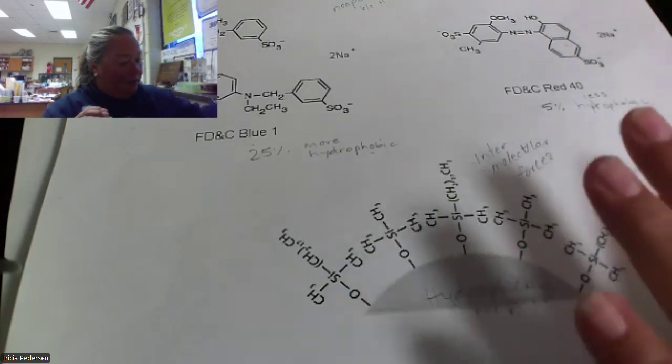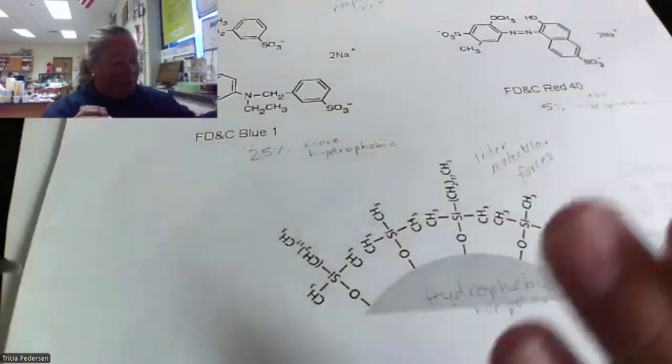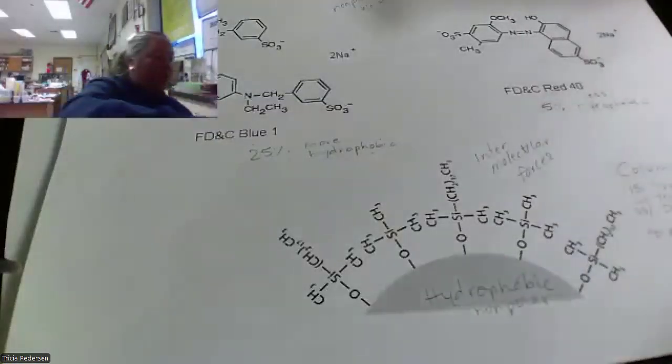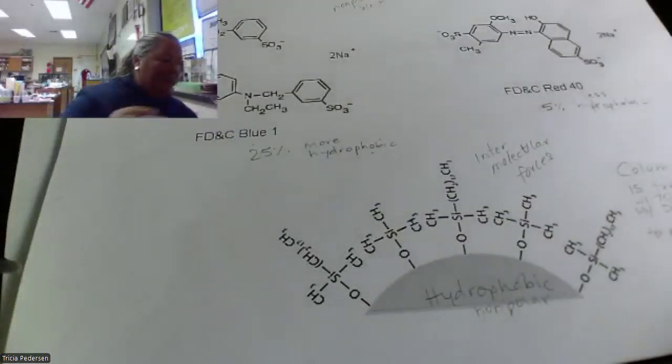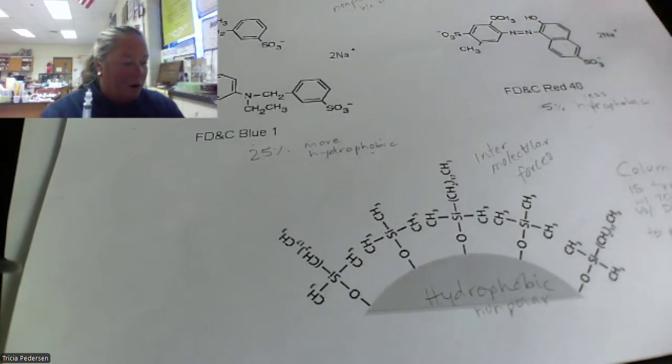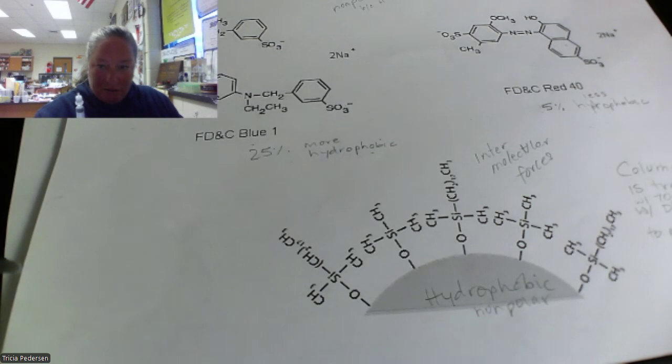And then this diagram is for the purple Kool-Aid with the blue and the red. The yellow is kind of similar to the red, but you can see the blue molecule is going to have a whole lot more of those hydrocarbons, and it's going to be more nonpolar than the red molecule.